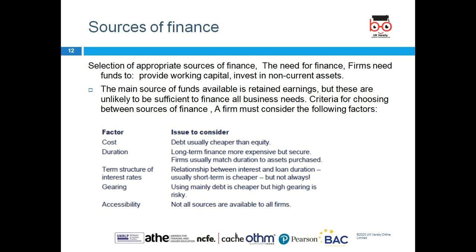That 80% of the house is not yours, and we say it's my house, but it's not yours until you have paid off the whole mortgage. So the bank can claim; if you don't pay, they can take the asset back. So we need to look at accessibility. Not all the sources are available to all firms.